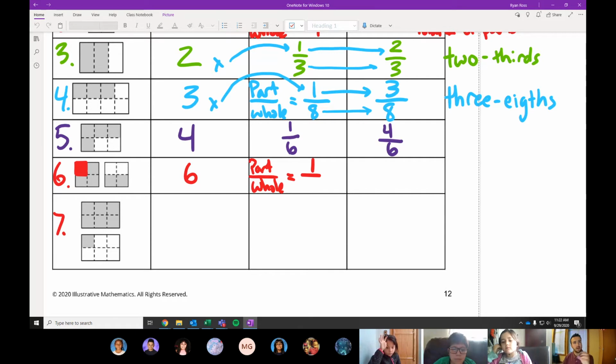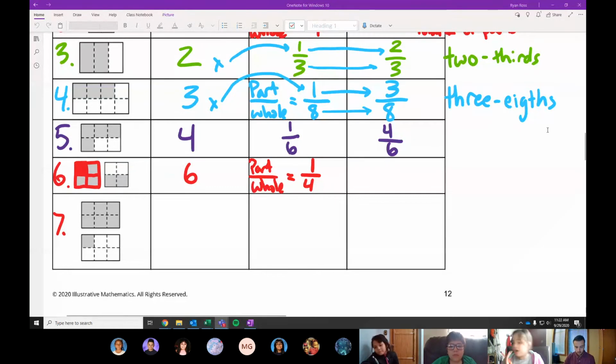Now, how many of those red boxes are needed to make 1 big box? 4. Yeah, there are only 4 that are needed to make 1 big box, right? Now, if you made the mistake of thinking 8, that's okay. We haven't really worked with 2 boxes here, or 2 rectangles or anything like that. So we're trying to find the size of each piece in regards to 1 big box, 1 big square or 1 big rectangle. So Fernando's exactly right. Each part is only 1/4 of the total box.